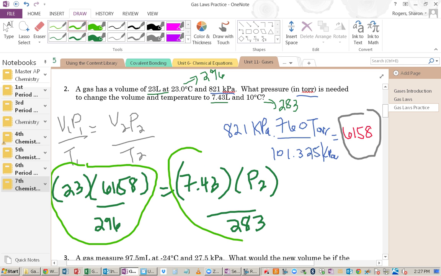So we're trying to get what P2 equals. I'm going to have to divide that part over. So press the division sign, open parentheses, 7.43 divided by 283, close parentheses, equals.